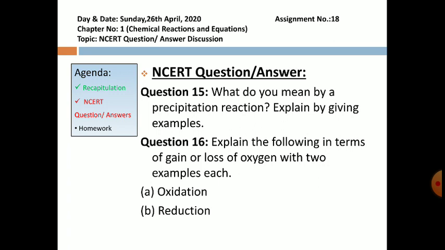Question number 16. Explain the following in terms of gain or loss of oxygen with two examples each. Oxidation. We all know oxidation is gain of oxygen. If some element or compound gains oxygen, it is said to be oxidized.